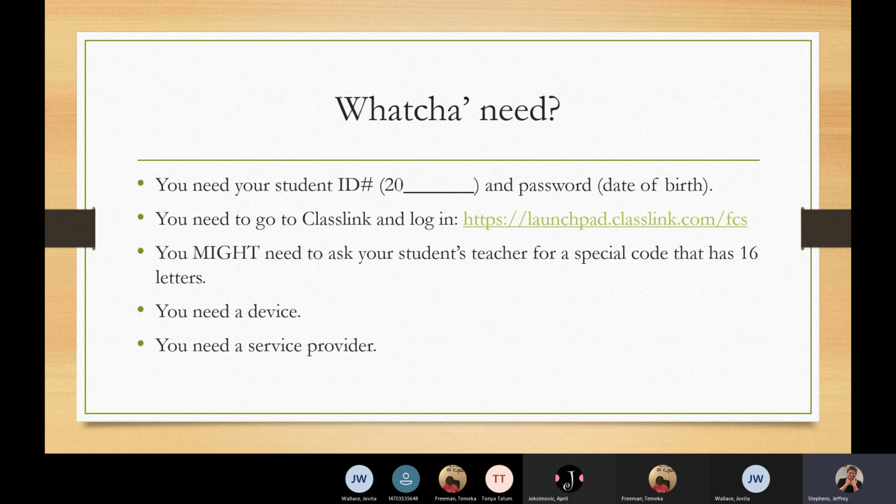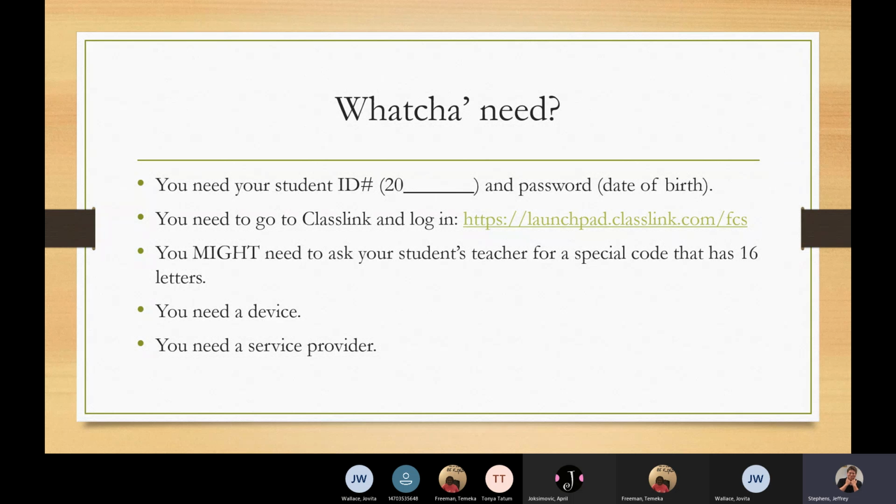That will take you to our Fulton County ClassLink login page, which Miss J took a screenshot of earlier, and I'm going to show you in a moment. You might need to ask your student's teacher to provide a special code that has 16 letters. So if you can't get from ClassLink to Seesaw, which has happened, then you might need to go to the Seesaw website.